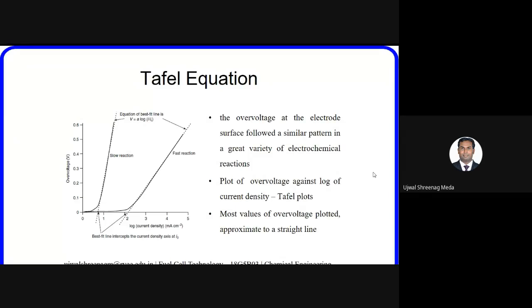One is, as indicated, for slower reactions, the overvoltage is high even at low current densities, meaning even at very low current being drawn from a fuel cell, the losses associated with activation are very high.